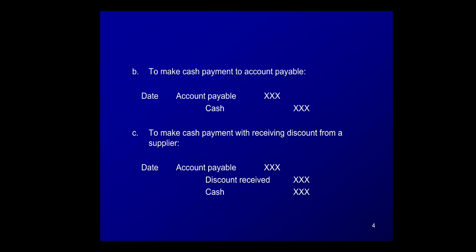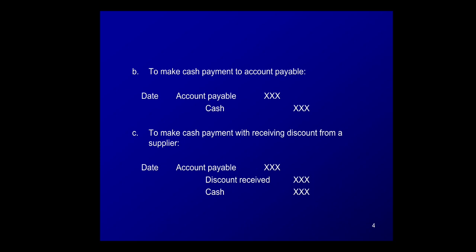So if you get a discount from the supplier or creditor, then the journal entry that you have to do can be seen in this point C. So you have to write the date and you debit the account payable because the account payable will decrease. And then you have to show the amount of the discount. That discount is called discount received. You get the discount, you receive the discount, and then you credit account cash.